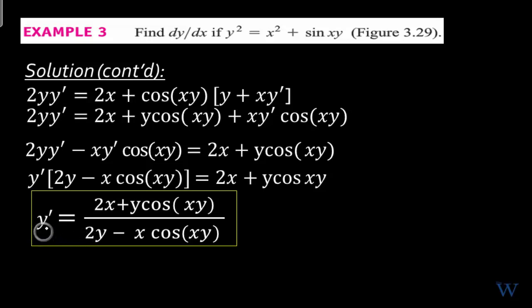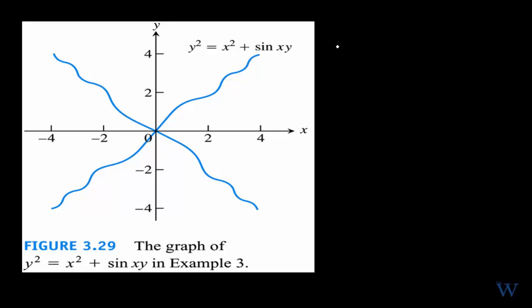So that means dy by dx is equal to this ratio. There we go, we found the derivative dy by dx of this function where y is implicitly defined in the equation. And this is how the graph of y squared equals x squared plus sine xy looks like.